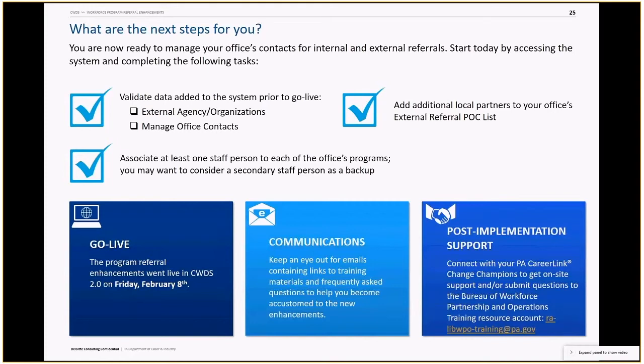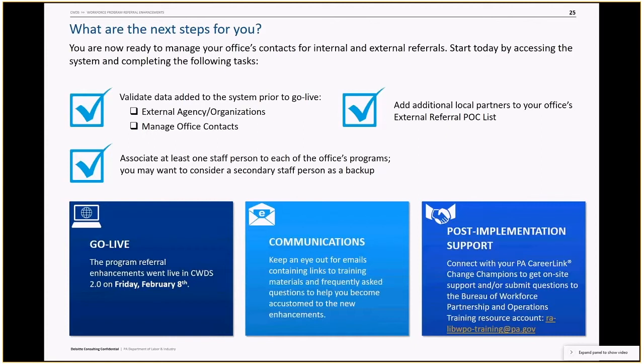Review your external agencies and organizations. There may be some already in the system for you. We had some data set up. Please note that some of the data was not uploaded into the system prior to go live. That could be due to multiple offices wanting that same agency, and really the external agency needs to be added once, so an office was designated as the main office for that point of contact based on locality.